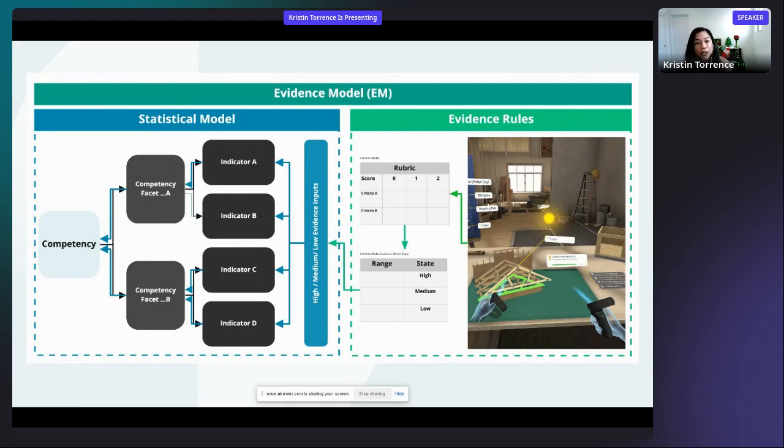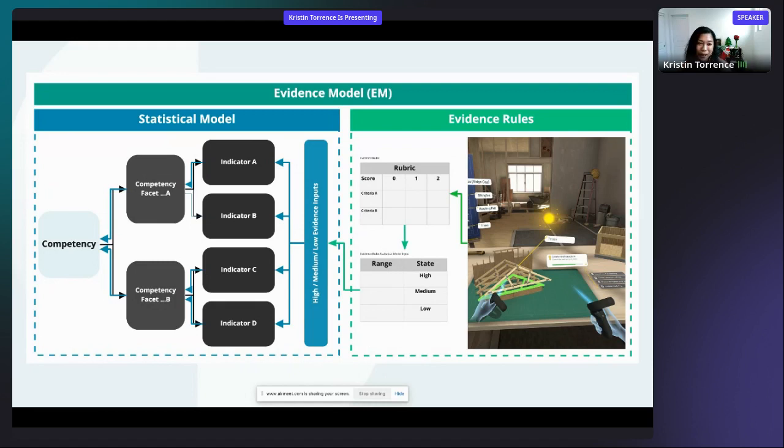And then it's also comprised of the statistical model, which is really the probabilistic relationships between the behavior we can observe, so the evidence collected in the game, and the competency facets that it's related to.